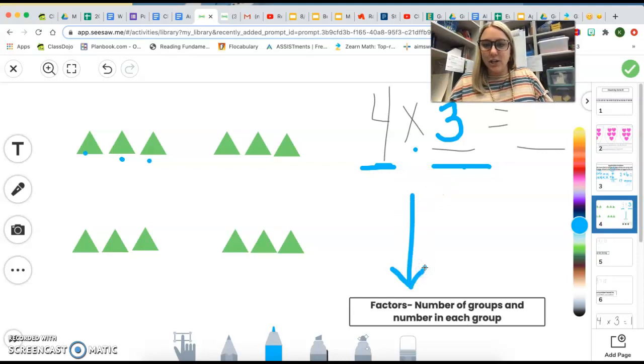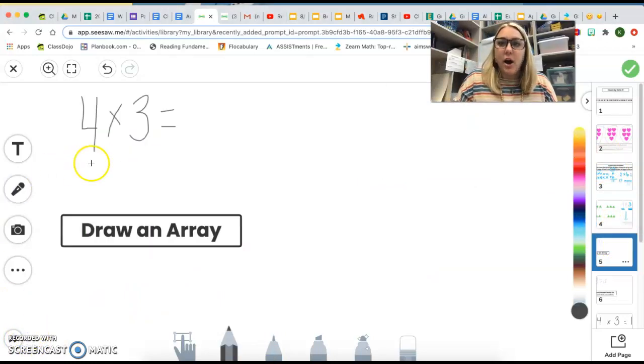Now, factors are the numbers in a multiplication sentence, okay? So they tell us the number of groups, so we have 4, because that's how many groups we have, and the number in each group, which is 3, okay? So those are called factors. Okay, so we know that our factors are 4 and 3, because we had 4 groups of 3.